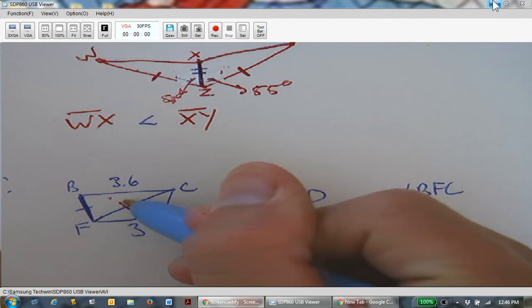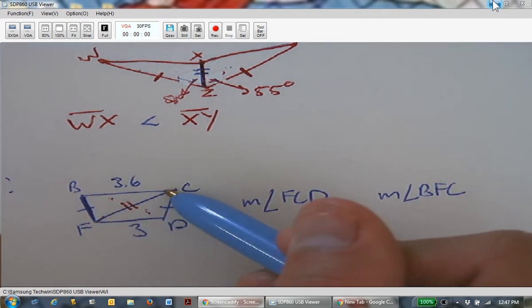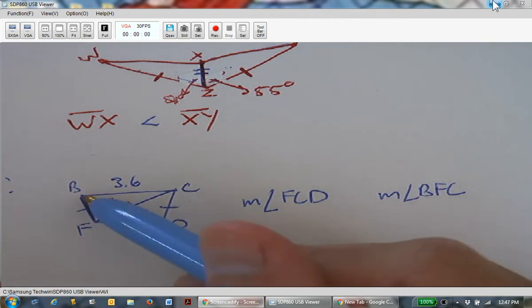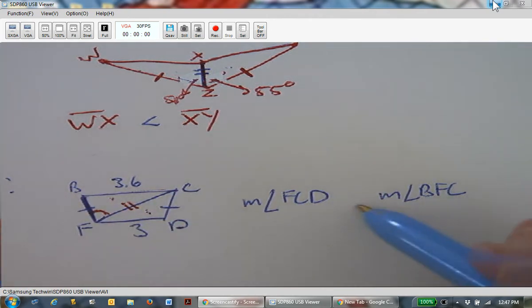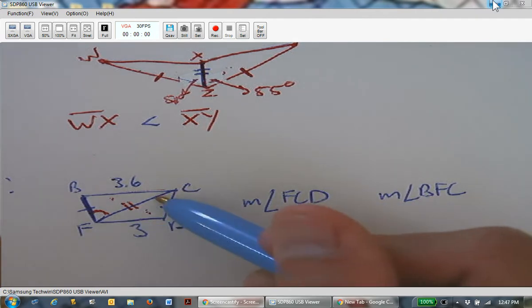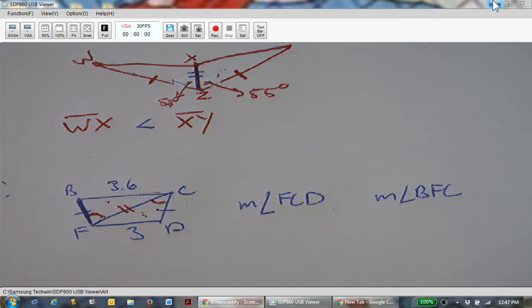FC. So we're looking at the third side and we're looking at angle BFC, I'm sorry, BFC. So we're going to look at this angle here and we're going to look at FCD up at the corner in here. Who's going to be bigger and who's going to be smaller? Okay. So solve that for the next few minutes and try to decide which one's going to be smaller or which one's going to be bigger.